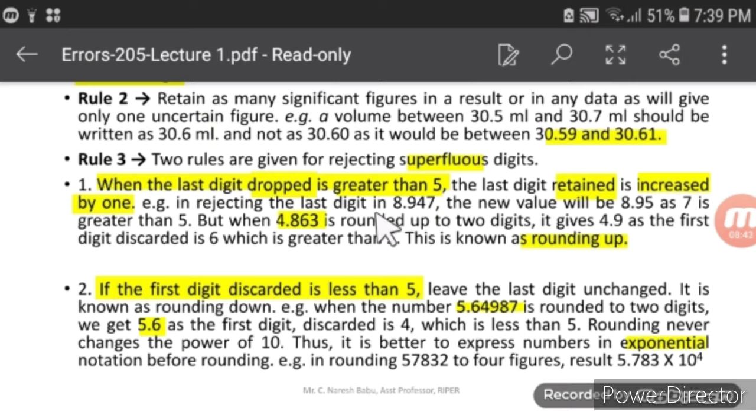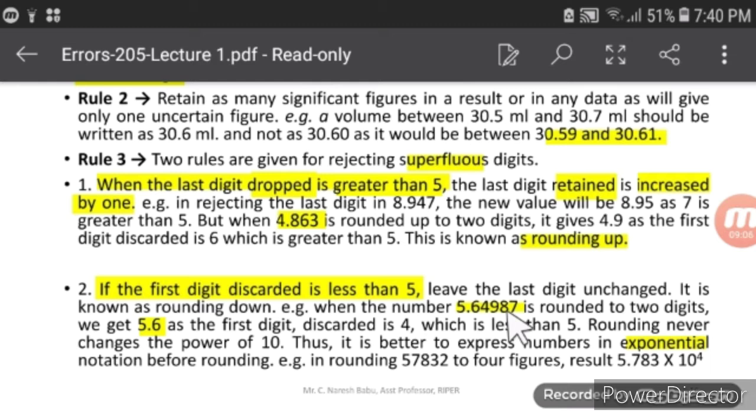Let me locate it. Here is 5.64987. You can see that the 4, which is the first digit to be eliminated from it, is just less than 5. So how can you round it?